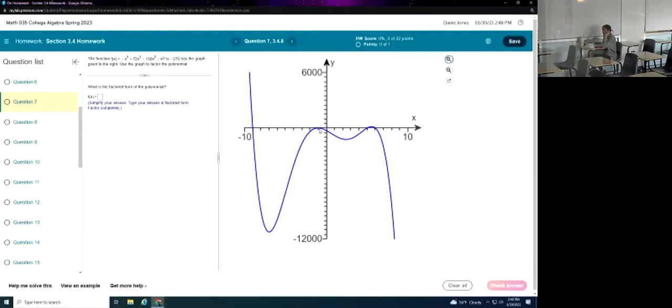These left and right things, let's see, we've got 1, 2, 3, 4, 5, 6, 7, 8, 9, 10. So left and right, each hash mark is 1, which is helpful to know.